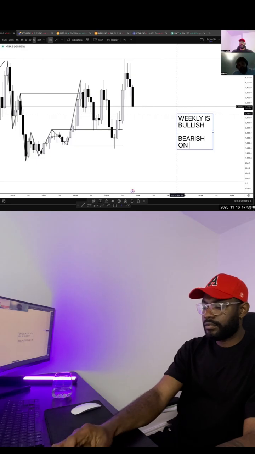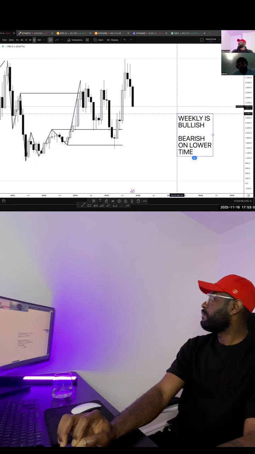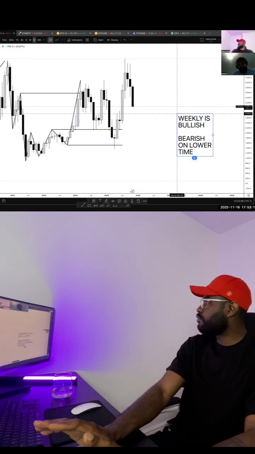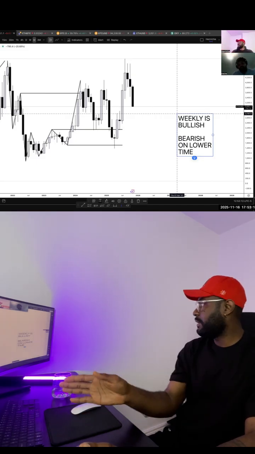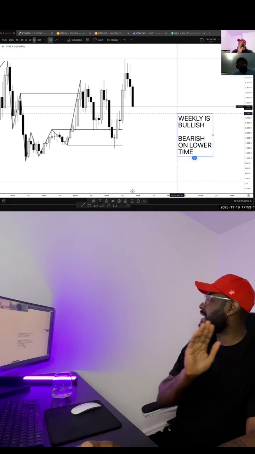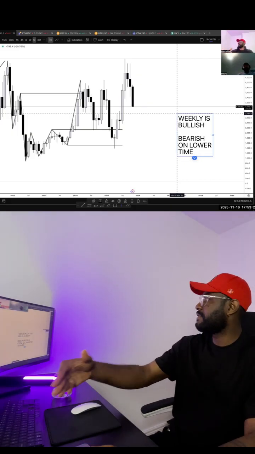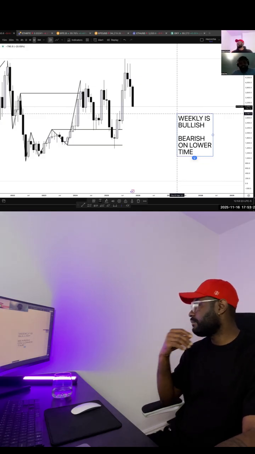Lower time frame is bearish. What you want to see is for that lower time frame 1 hour to go from bearish to now bullish. Once that 1 hour starts aligning with that weekly, that's when you want to start looking for the buys. Okay, that makes sense.